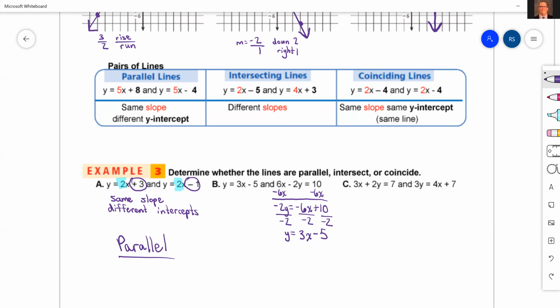Now let's look. Okay, what do we notice about slope? Oh, looks like we have the same slope, so I'm going to note that. We've got the same slope. Now let's look at our intercepts. We have the same intercept.